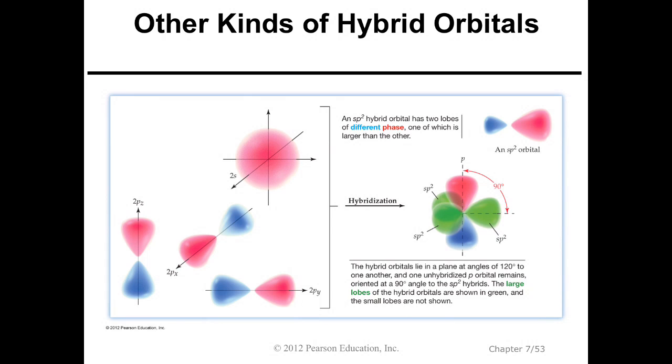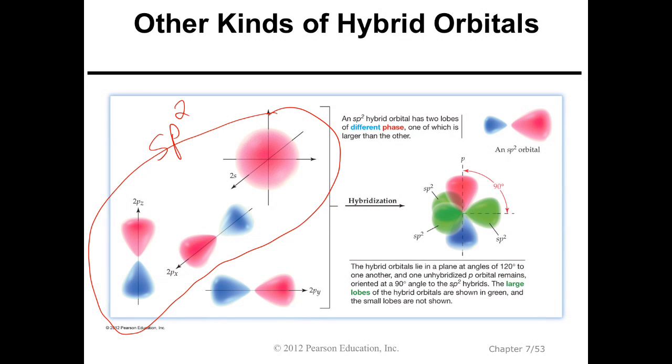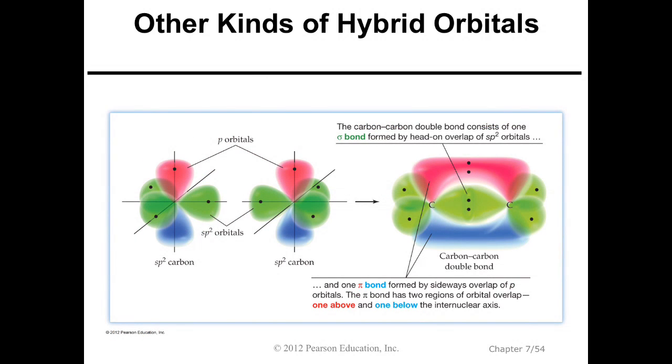You can have other types of orbitals. What if you mix an s with 2 p's? This would be an sp2 hybrid orbital, and that leaves a p that's just left over, and that's where you end up with a double bond.